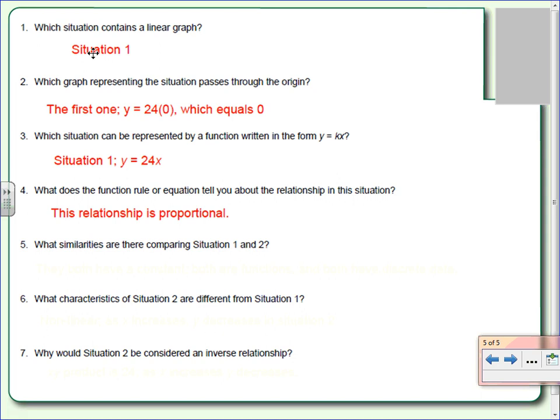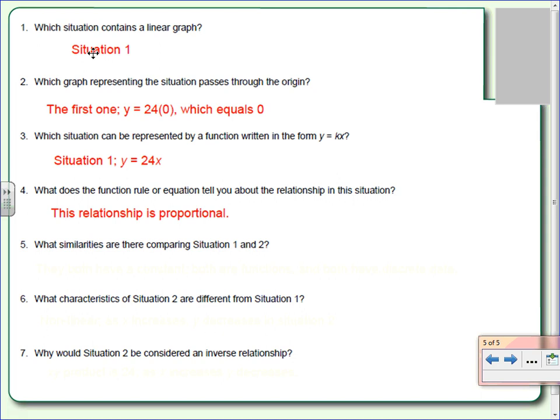Okay, number 5 and number 6 you're going to do on your own. For number 5, without saying anything out loud, I just need you to write it down for me. You're going to tell me what were some similarities about situation 1 and 2. What did you notice that was the same? And then for number 6, you're going to tell me what was different about those two situations. So look at the 2 that we did. Tell me what you notice is the same, and then tell me what you notice is different.